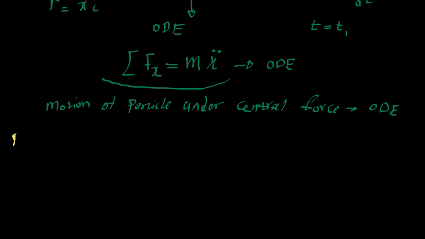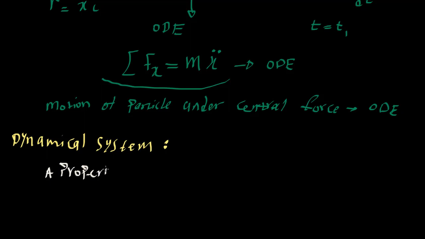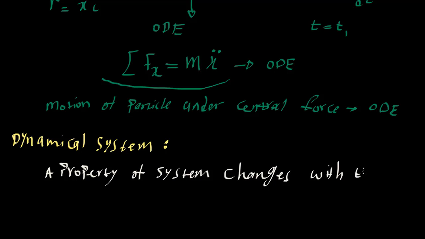So a dynamical system is a system where one of the properties of the system, or it might be a couple of properties, changes with time.